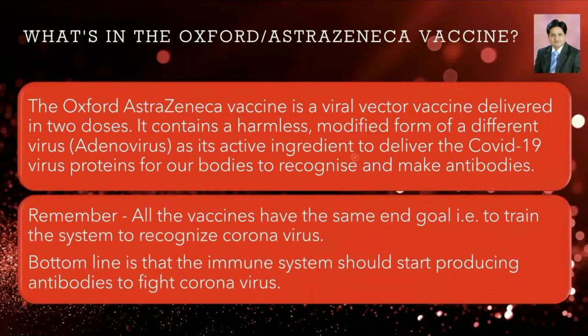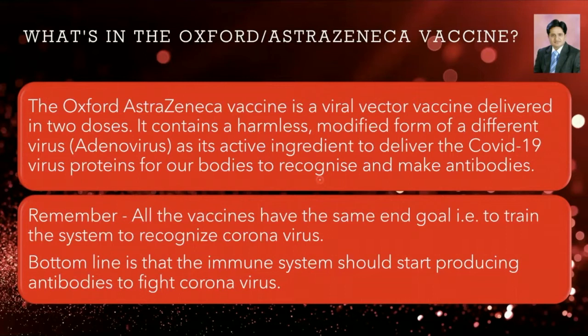Now let's try to understand how these viral vector vaccines work. The Oxford AstraZeneca vaccine is a viral vector vaccine delivered in 2 doses. It contains a harmless modified form of a virus called adenovirus as its active ingredient to deliver the COVID-19 virus proteins for our bodies to recognize and make antibodies.